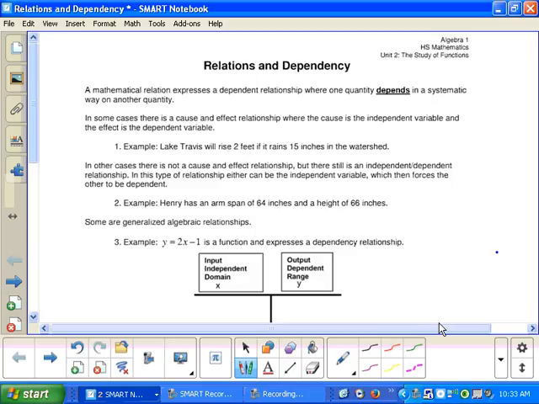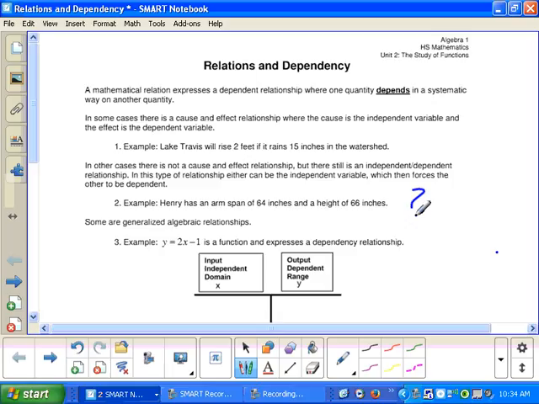In some cases there's not a cause and effect relationship. There may be a correlation, but not necessarily this has to happen first. That's an example like this one, okay? We won't see a whole lot of these, but in this case it doesn't matter if you measure the arm span first or the height first. So you do have a few of those situations that really could go either way.